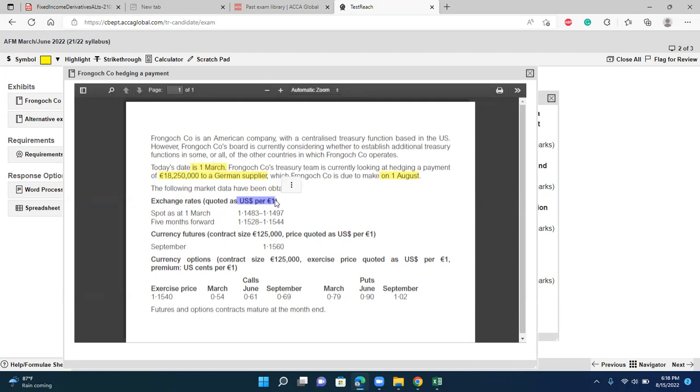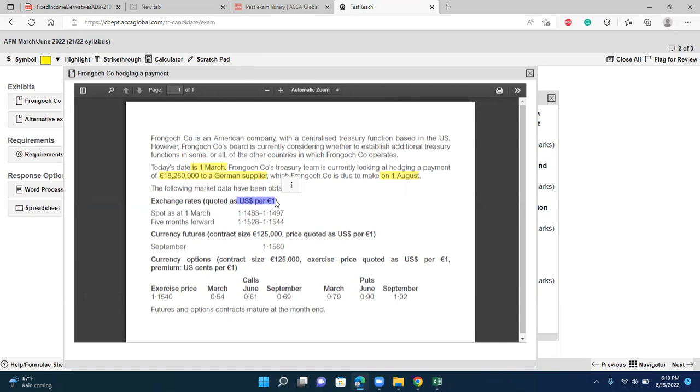Guys, please tell me, in case of payment, will you multiply with the lower rate or the higher rate? Do you remember? Multiply with the lower rate or higher rate?